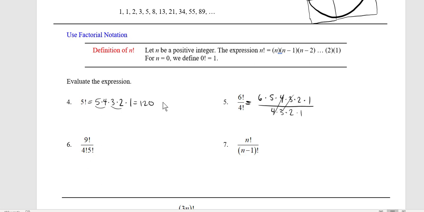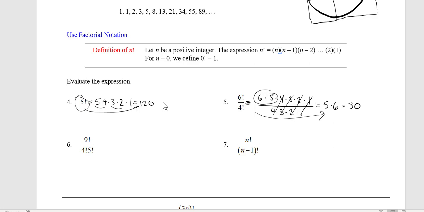The 4's cancel, the 3's cancel, the 2's cancel, the 1's cancel. All this really is 5 times 6, so it equals 30. A quotient of factorials is usually a lot simpler than even the factorial alone, like 5 factorial alone. That's much harder to compute than the quotient because so much of that multiplication of factors gets canceled away.